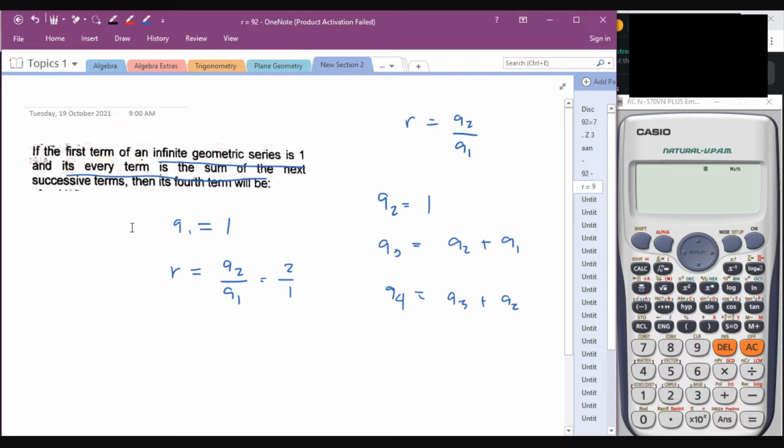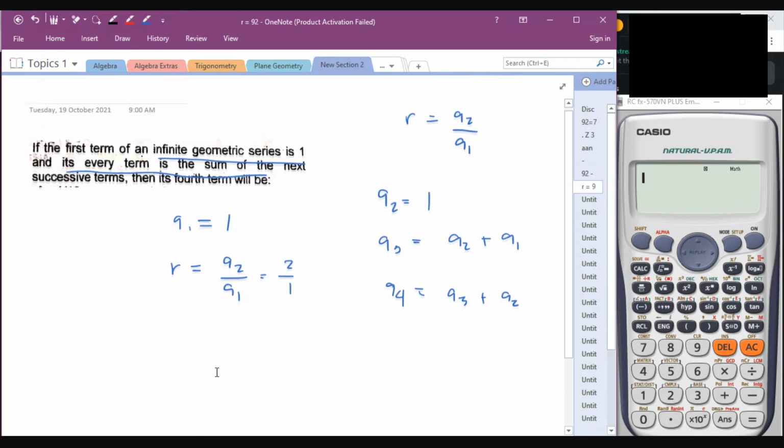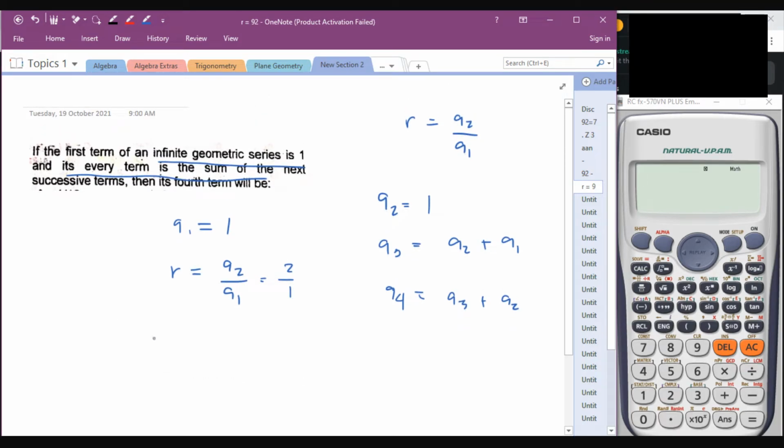The first term of the infinite geometric series is 1 and its every term is the sum of the next successive terms. Then its fourth term will be... fourth term lang naman pala ang hinahanap.